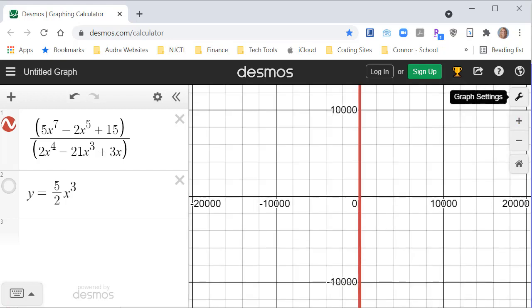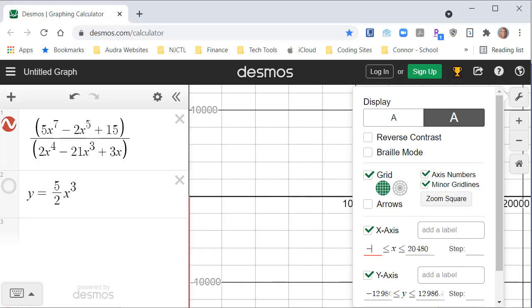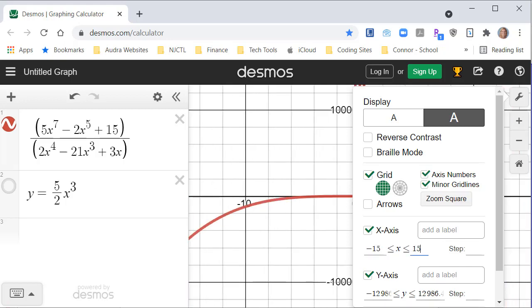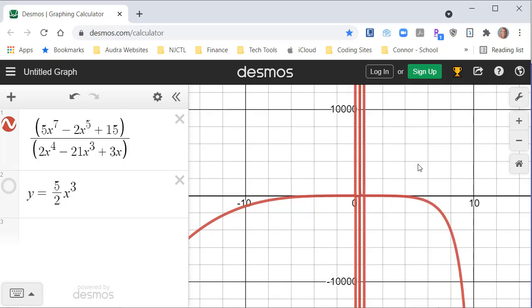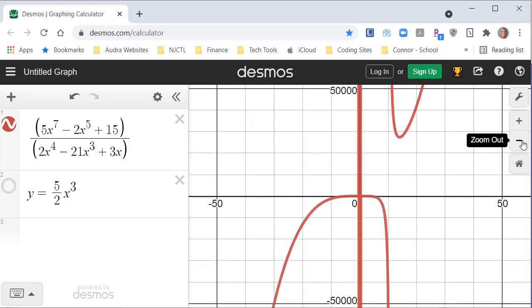So let me try to keep the y values the same, but change our x values to still be that negative 15 that we had before. See what this looks like. Oh, there we go. And then I zoomed out even more.